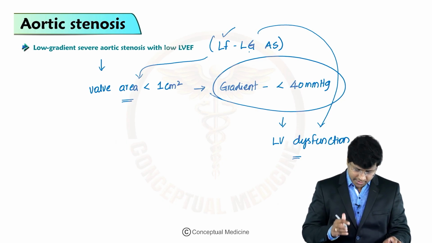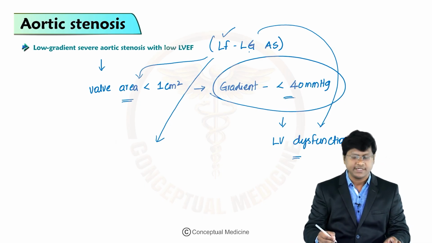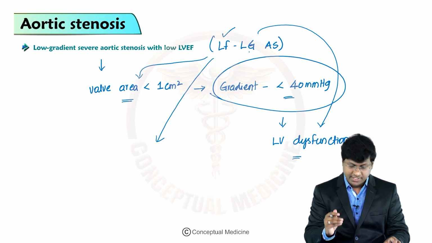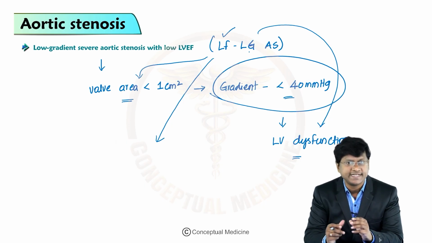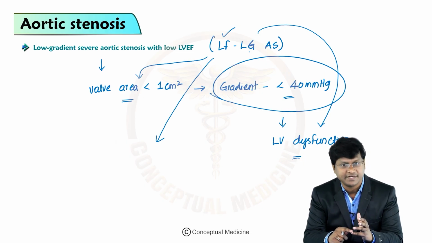Right? So now how much will be that low flow? When you see the gradient, you said low gradient, less than 40 millimeters of mercury. When you are using the word low flow, that is low output. Low flow in these situations is defined by an echocardiographic stroke volume index of less than 35 ml per meter square.